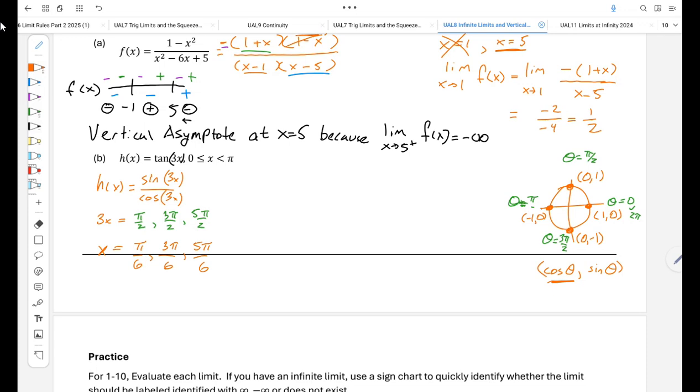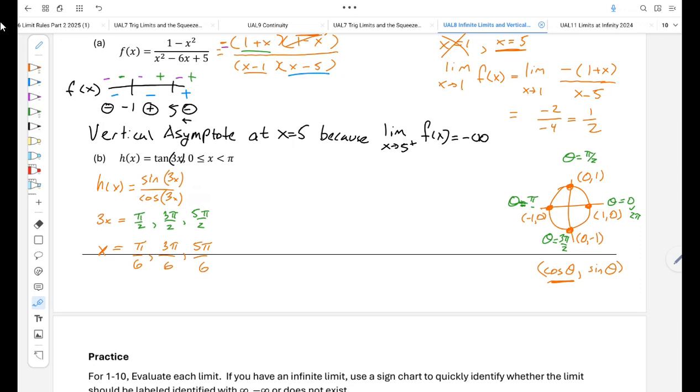So now we've taken things that we know from the unit circle, those green values, and translated them into the x values that we really need. Think about it: take this whole step backwards. If I plug pi over 6 in for x here, I would then multiply it by 3. That would give me 3 pi over 6, which simplifies to pi over 2. Then when I take the cosine of that, the answer is 0, and I have a 0 in my denominator.